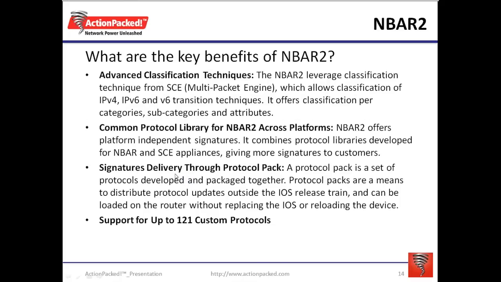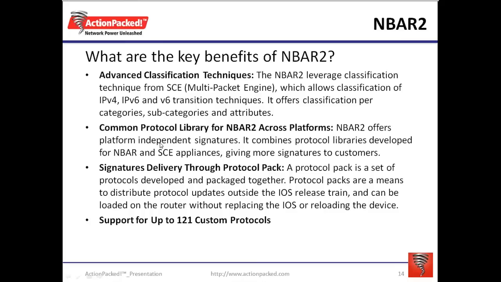So the key benefits of NBAR2 is the advanced classification technique to give us a great view into the applications we didn't have before, to identify Facebook, for instance, and other applications can now be easily identified at a much deeper level. It's a common protocol library, so it is distributed across all of our devices.